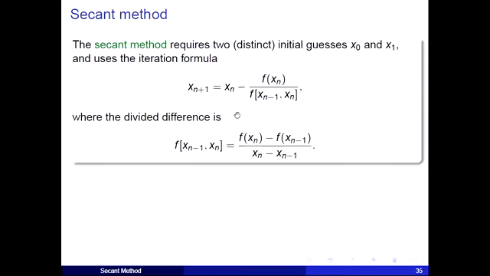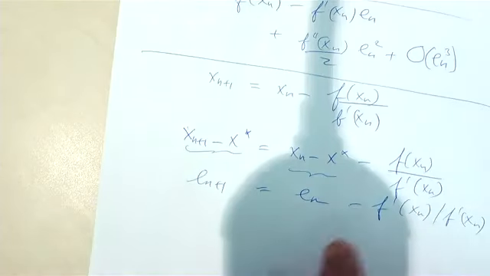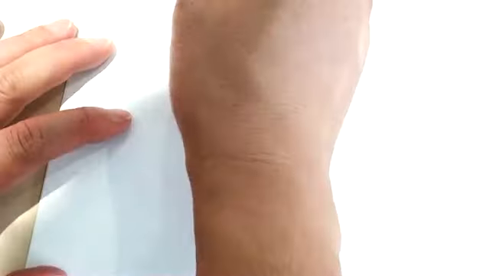Okay? So remember the divided difference formula. But actually you can plot the pictures. You see, before you have f prime here, but now f prime is replaced by this divided difference coefficient. Essentially, you can draw pictures.